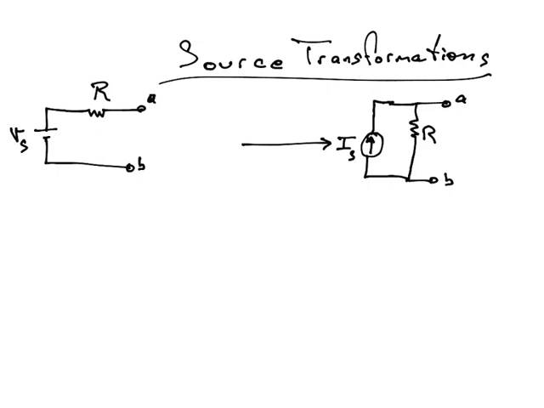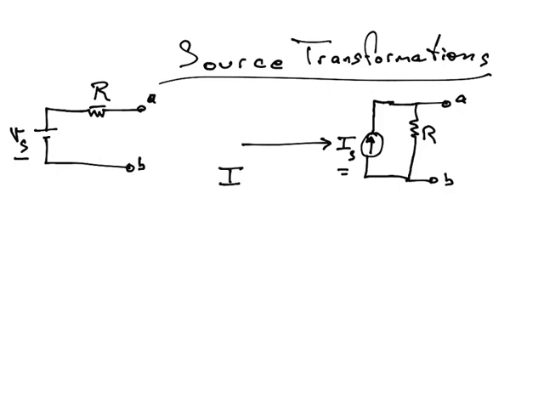So the only calculation that's going to be involved here is, if I happen to know what R is, and I know the voltage source I started with, then all I have to do is calculate what must be this current source that allows this to be true. The R will not change here. And the good news is, we already know how to do this calculation. It's just Ohm's law.